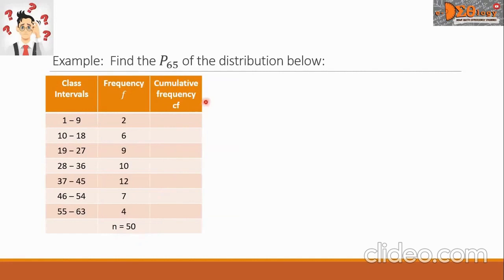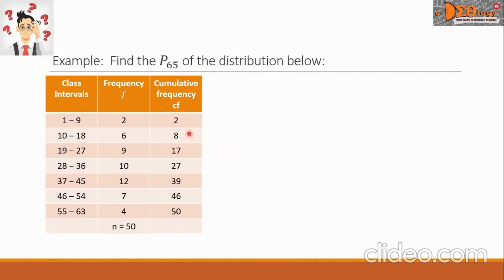Let us now construct another column for cumulative frequency, denoted by CF. The numbers are here. This number 2 is copied from the frequency of the first class, and 2 plus 6 equals 8.